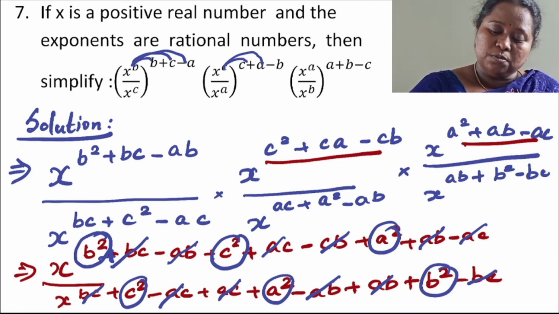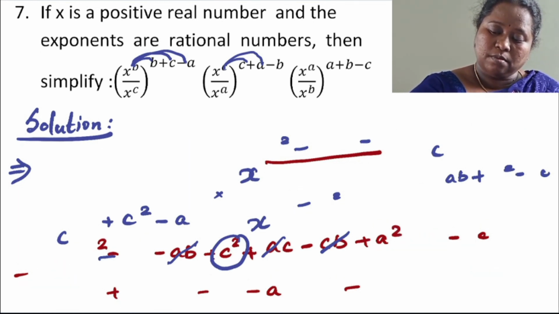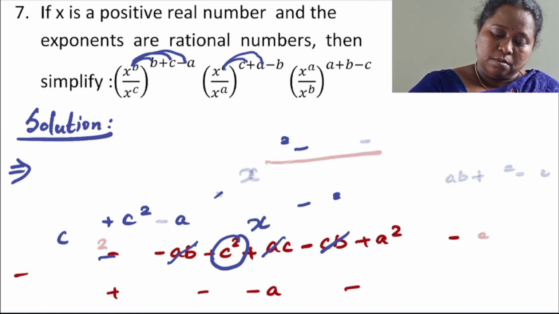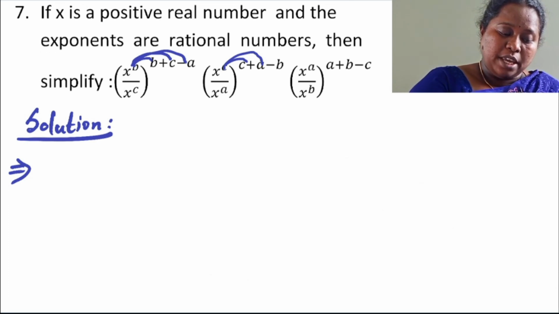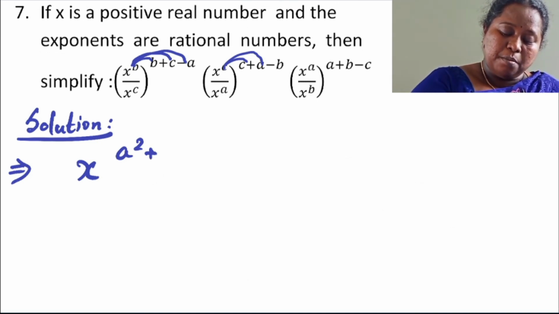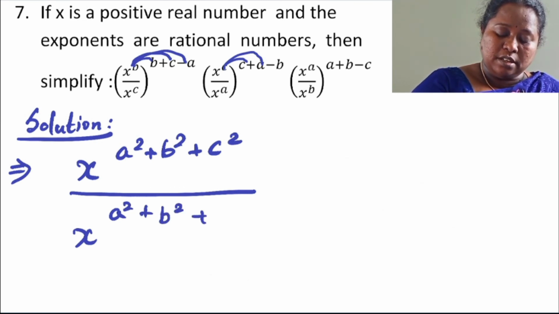So what will I get now? x power a squared plus b squared plus c squared divided by x power a squared plus b squared plus c squared.